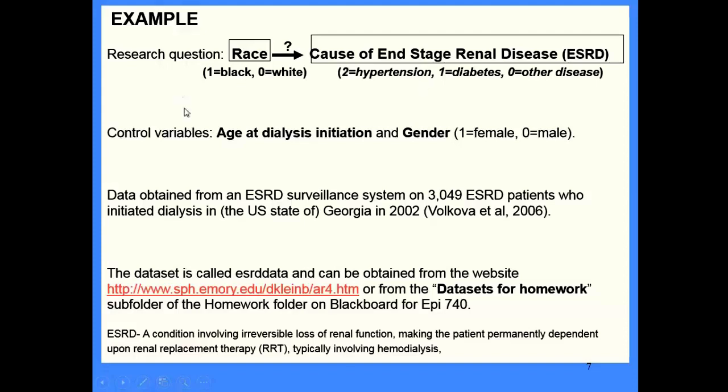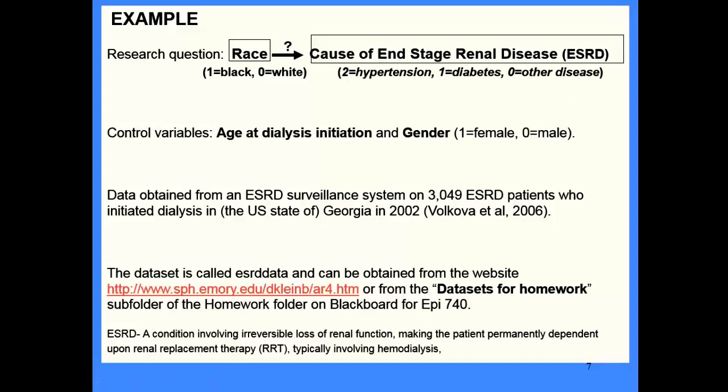The question of interest of the outcome is what the cause of the end-stage renal disease was, and whether the cause was either hypertension, diabetes, or something else. Those are the three possible categories.